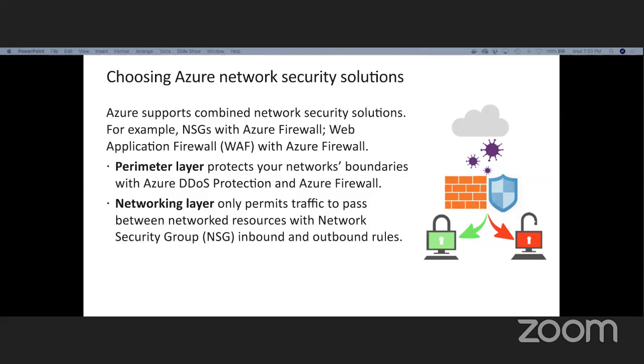So you don't have to worry about that. You know how security happens at every single layer. You just need to know that they exist, right? They also have the networking layer that only permits traffic to pass between networked resources with network security group inbound and outbound rules. We talked about the network security groups already.